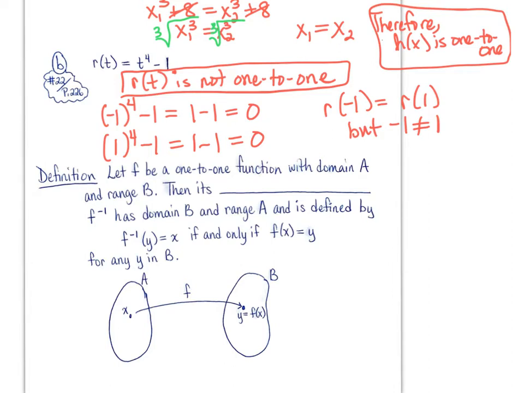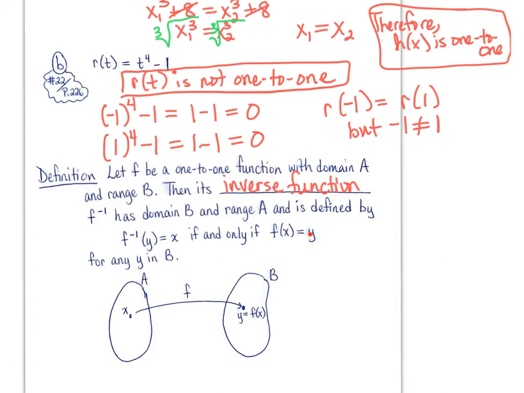Suppose we have that 1-to-1 function that has domain A and range B. Then its inverse function, written as f raised to the negative 1, has domain B and range A, and is defined by f inverse of y equals x, if and only if f of x equals y.